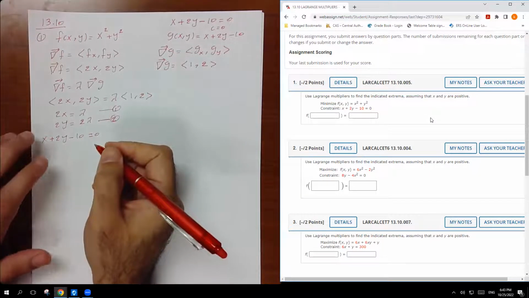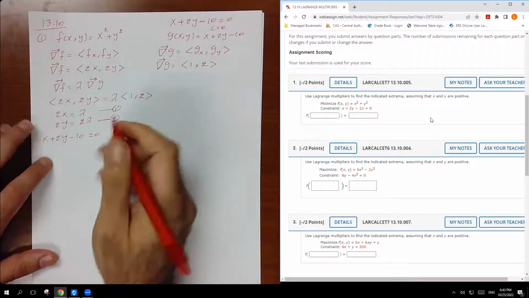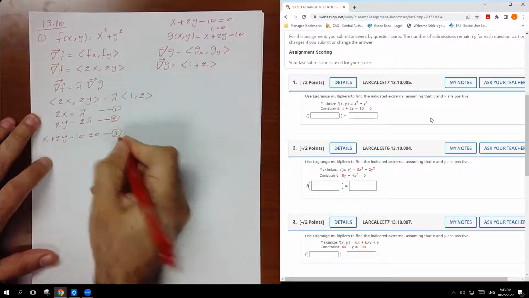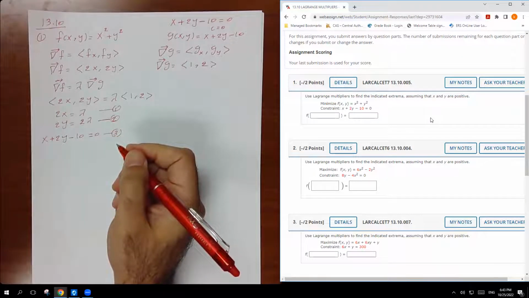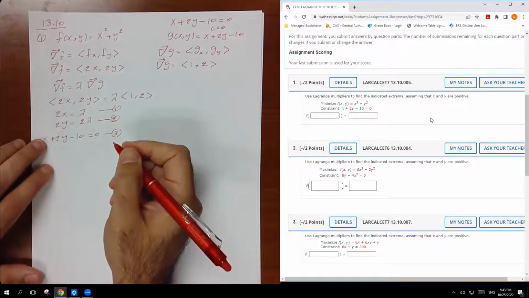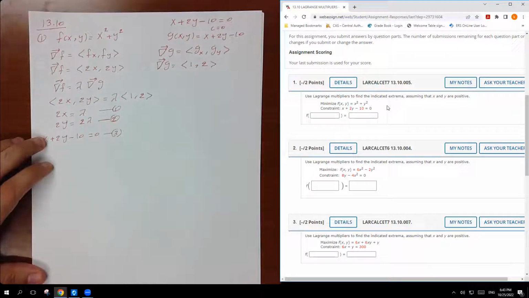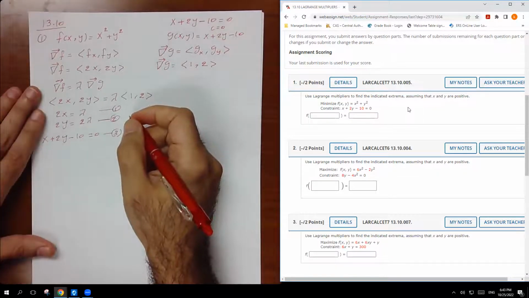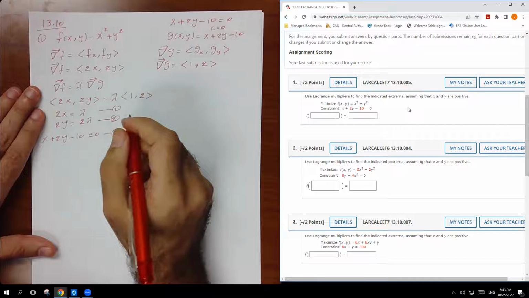So let's solve these three equations to find x and y, and to find the extrema by using Lagrange multipliers. So let's solve this one.